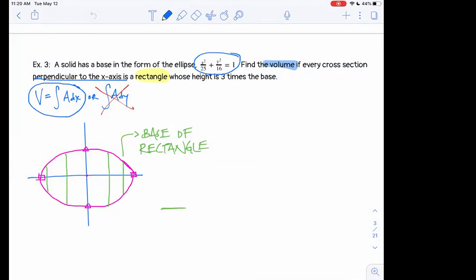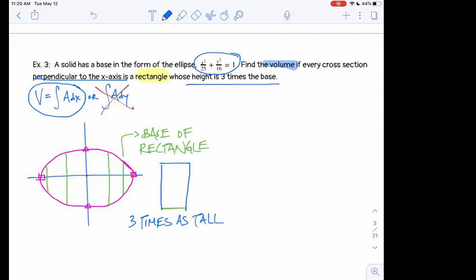Taller. It's gonna be taller because this last part that I didn't read out loud says the height is 3 times the base. So whatever my base is, the height is going to be 3 times as tall, okay? So 3 times as tall.